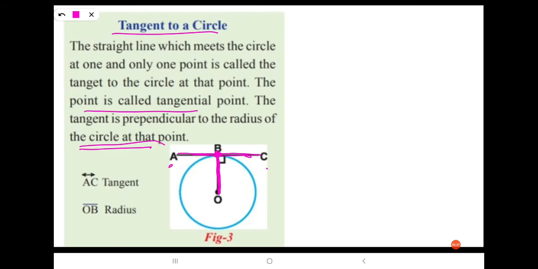Here the straight line AC is the tangent line and OB is the radius of this circle. This line AC meets the circle at one and only one point, the tangential point, and it is perpendicular to the radius of the circle at that point.